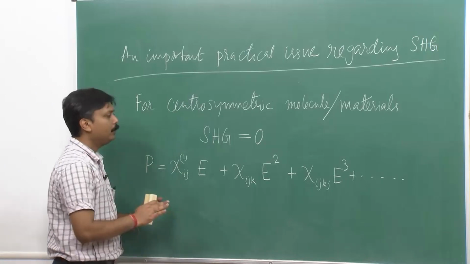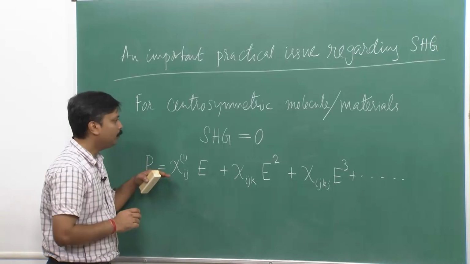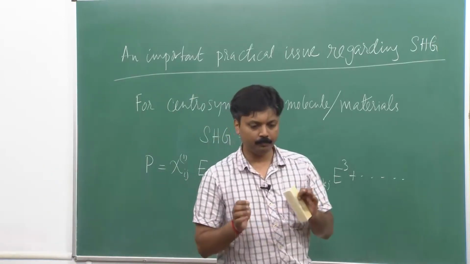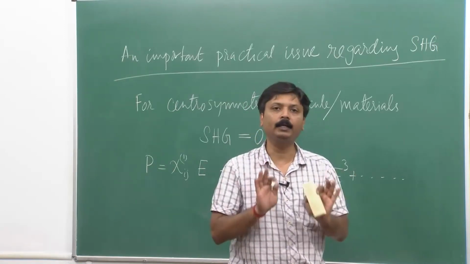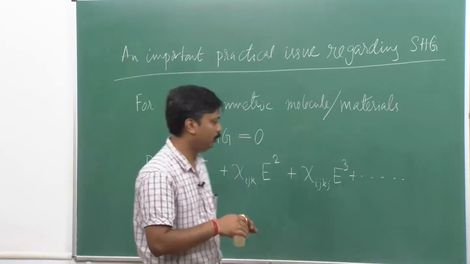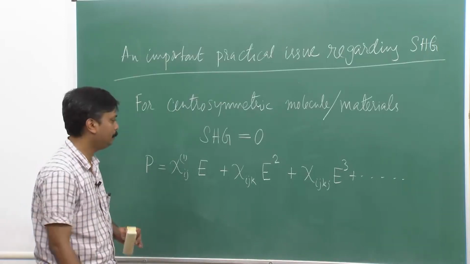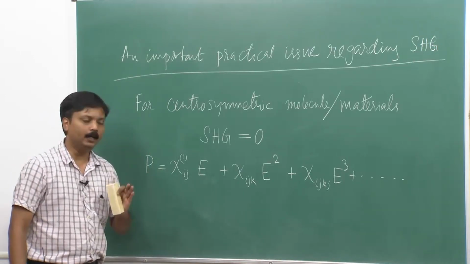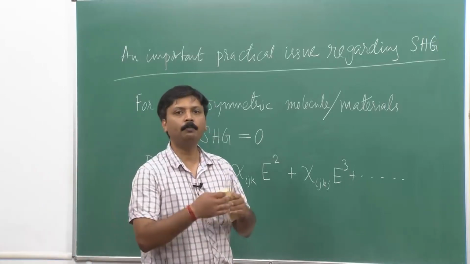So, now consider a centrosymmetric molecule. For a centrosymmetric molecule, if I look from any side, it should be identical. Okay, very similar to the condition where we look at it from a different angle or different position. So, now if I come with an electric field, part of the electronic distribution will get polarized.